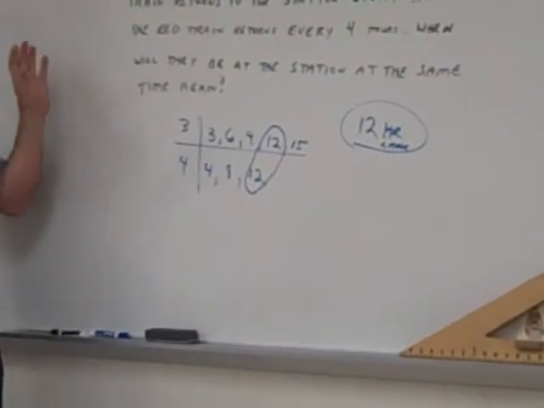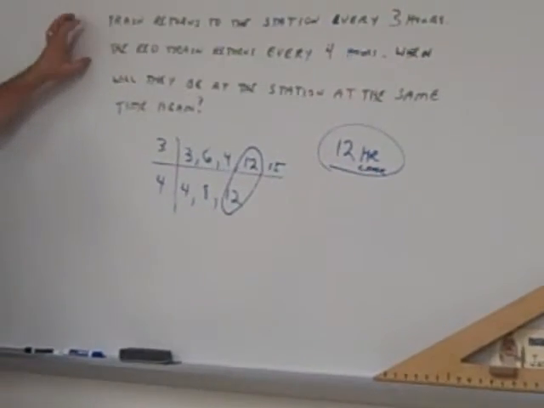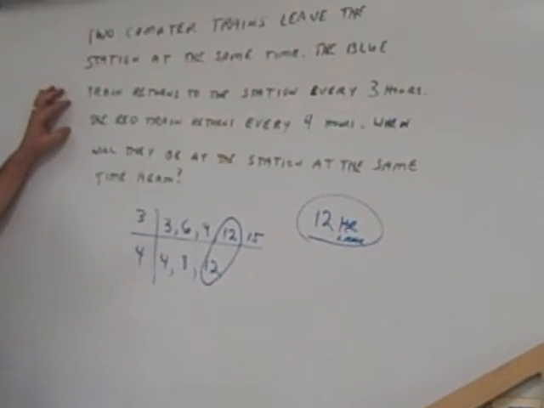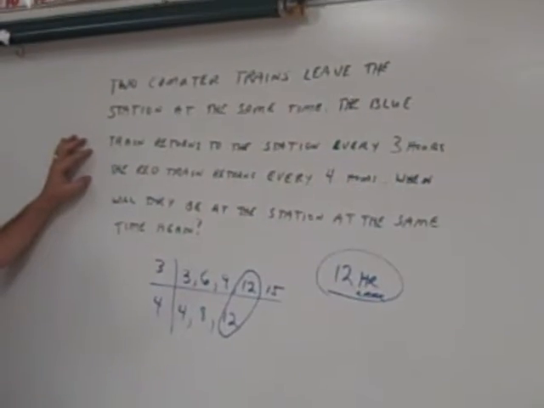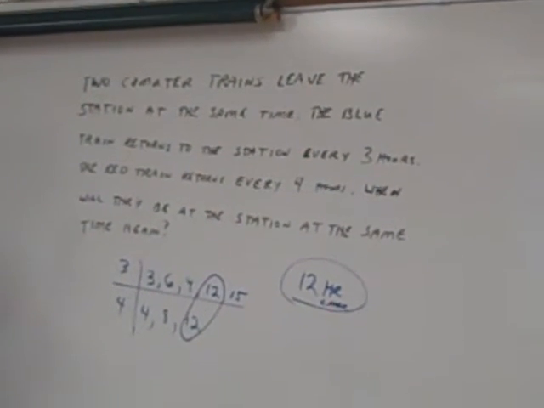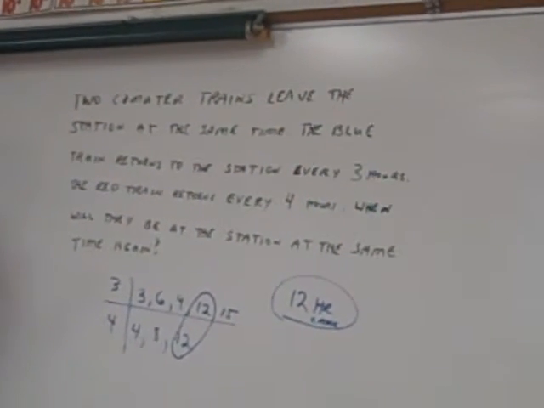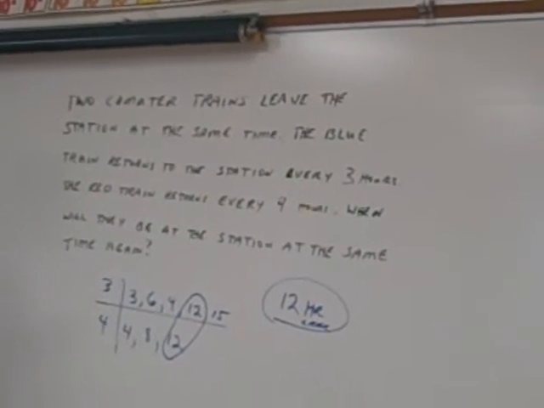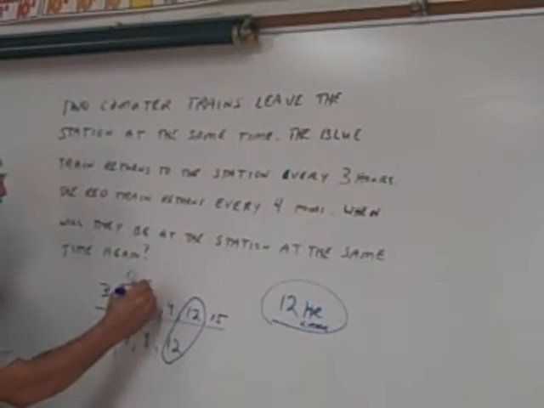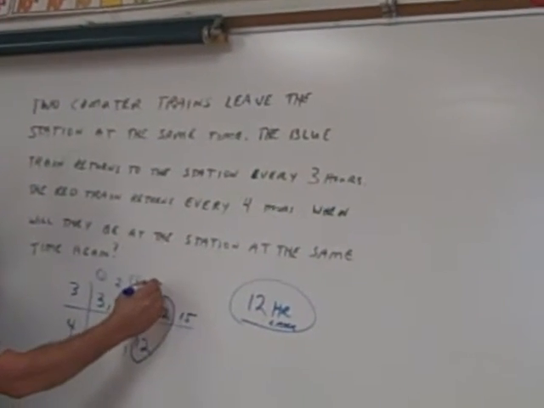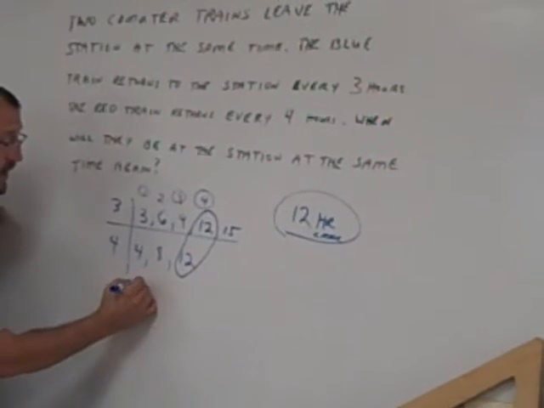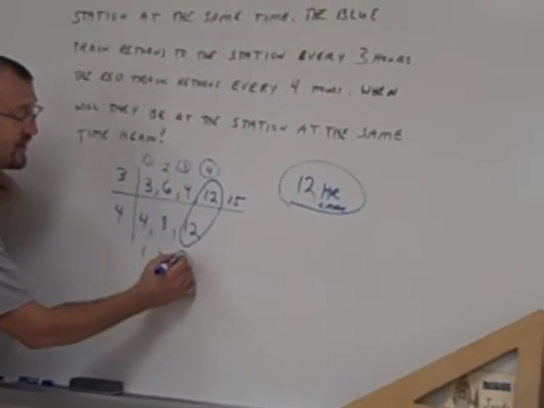I'm thinking that this question, in STAAR test terms, will ask us how many times has each train gone around before they're back at the station at the same time? 1, 2, 3, 4 times around, where this one went 3 times around.